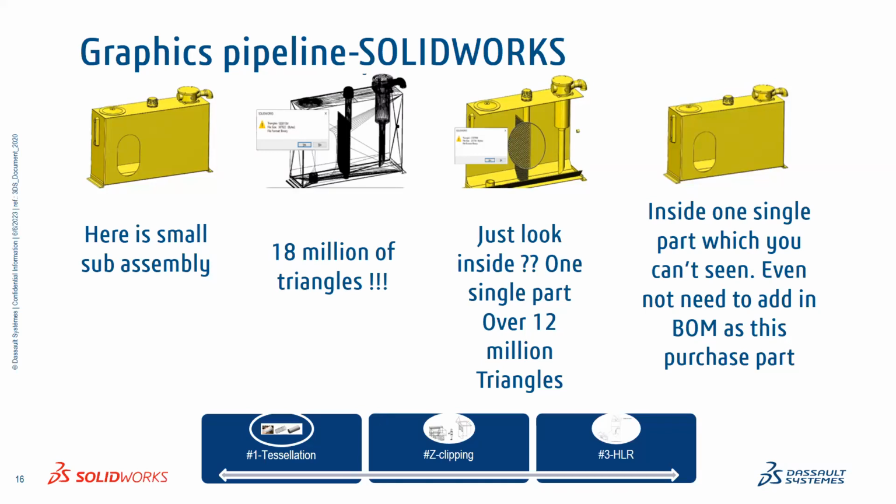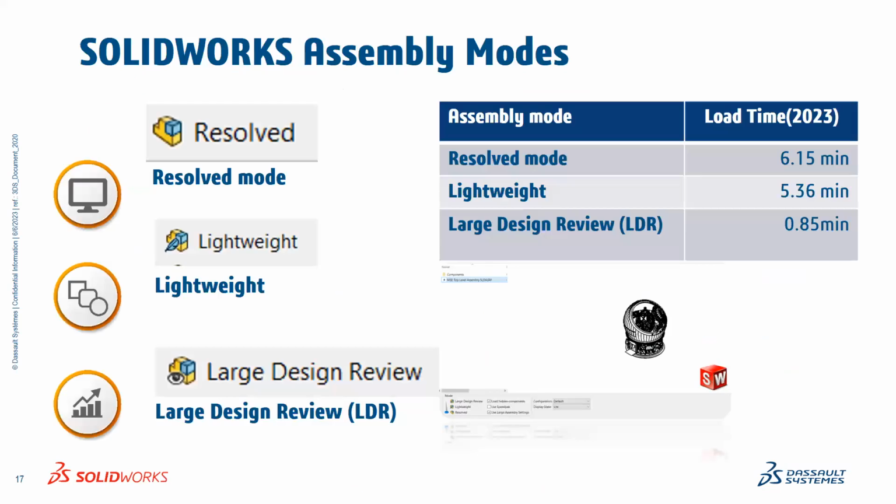So guys, a component which you cannot see and is not required in the bill of material is unnecessarily taking your performance and graphics time. You should definitely minimize it, or find some other method to improve your performance. This is the small change we want all industry people to make. If you make a small change in your process, I am sure it will help you a lot.